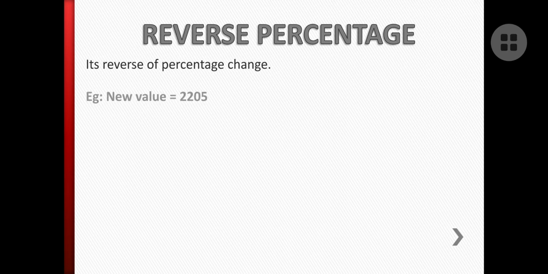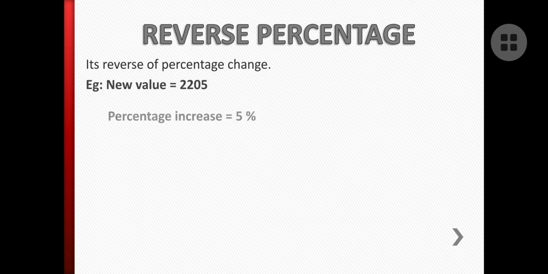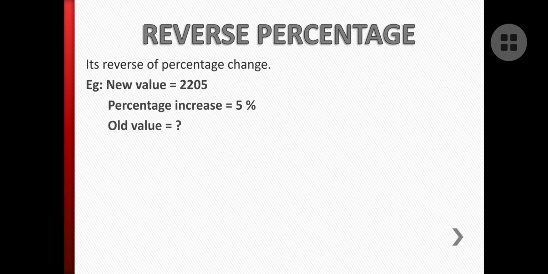New value is given as 2205, and the percentage increase is given as 5 percent. The question is, what is the old value? Previously old value was given, and you found the increase or decrease with respect to the old value, and then the new value. Here you have to just do the opposite, you have to find the old value.